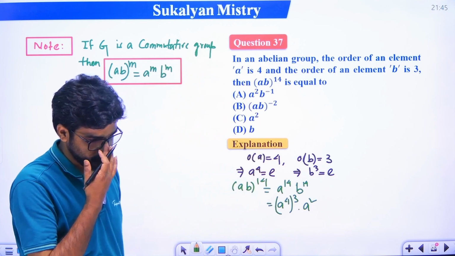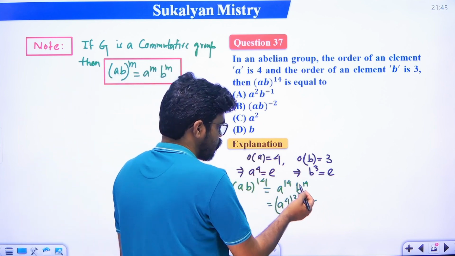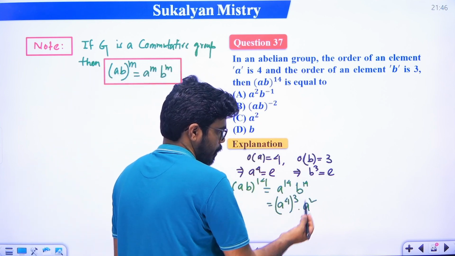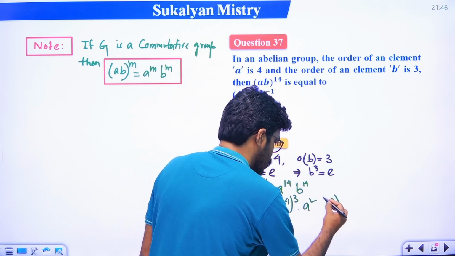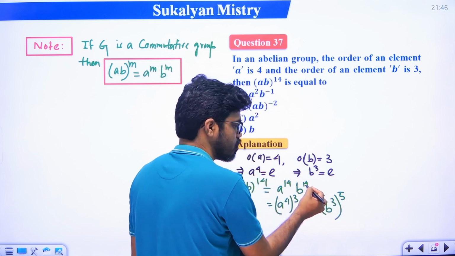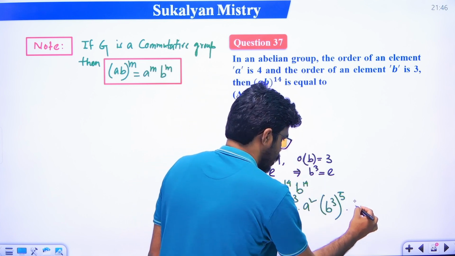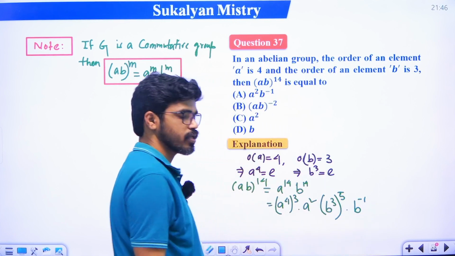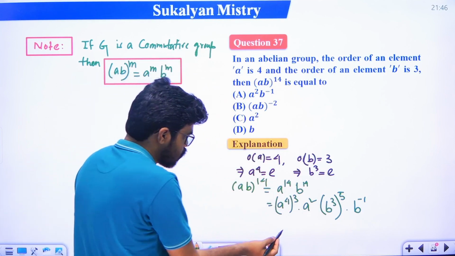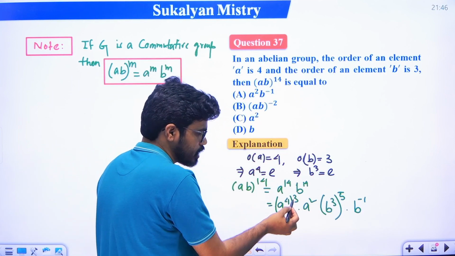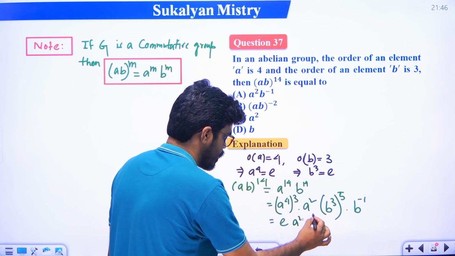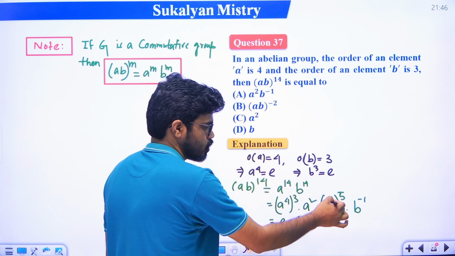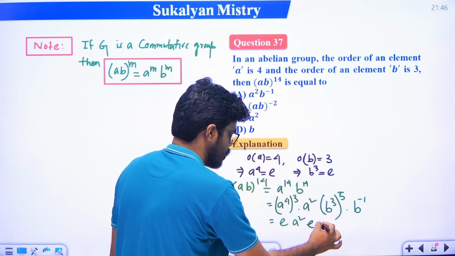And B to the power 14: B cube is E, so we can write B cube to the power 5, which is B to the power 15, and we have B to the power 14 so we multiply by B inverse. Now it is given that A to the power 4 is E, so E cube means E, so E A square. B cube is E, so E to the power 5 is simply E.